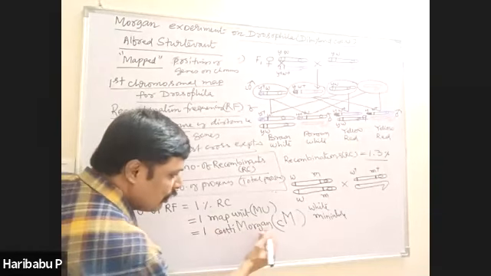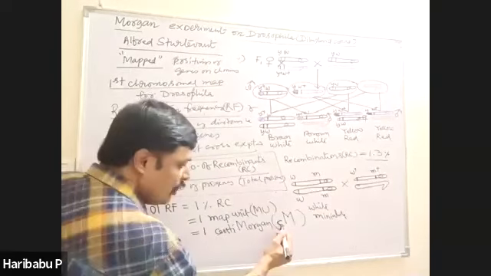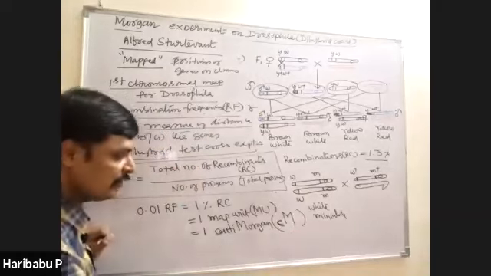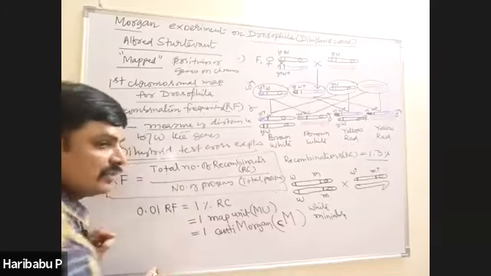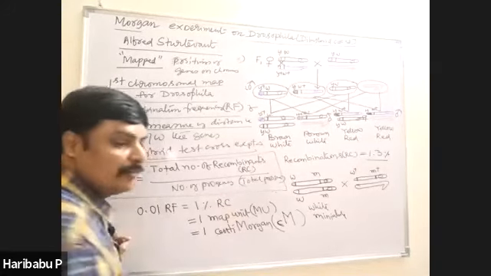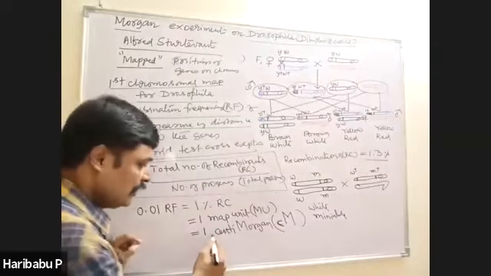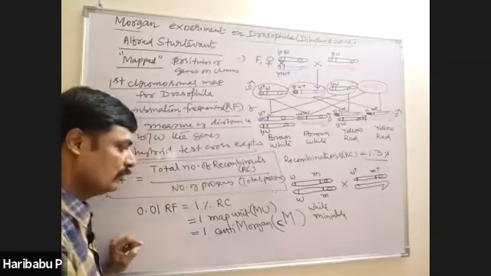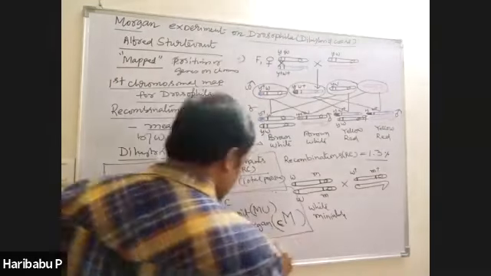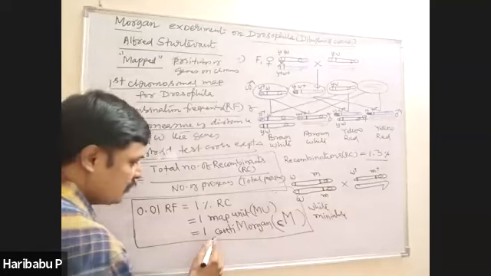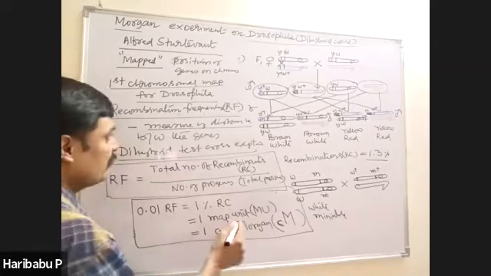It is centimorgans, C small letter, M capital letter. 0.01 recombination frequency is equal to 1% recombination, equal to 1 map unit, equal to 1 centimorgan. So the distance between the genes can be measured using these units, either map units or centimorgans. Try to understand the relationship between these.